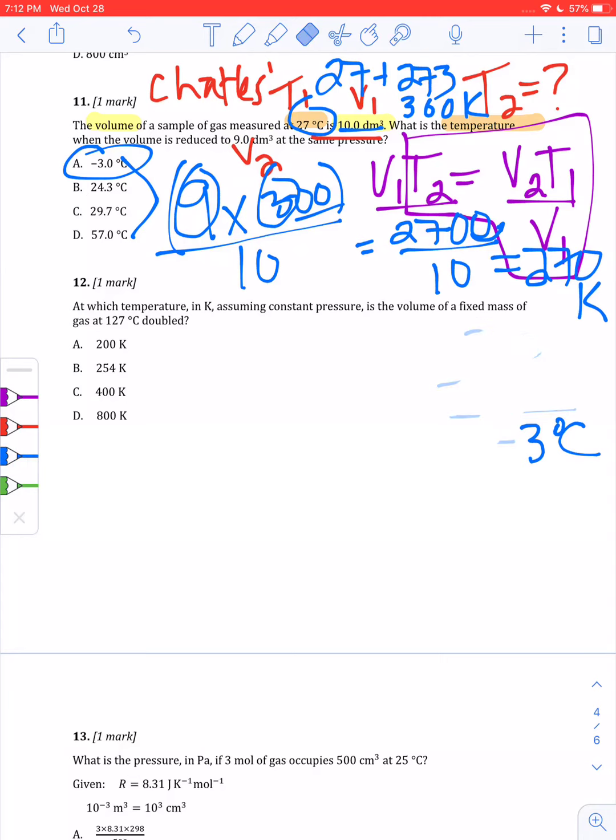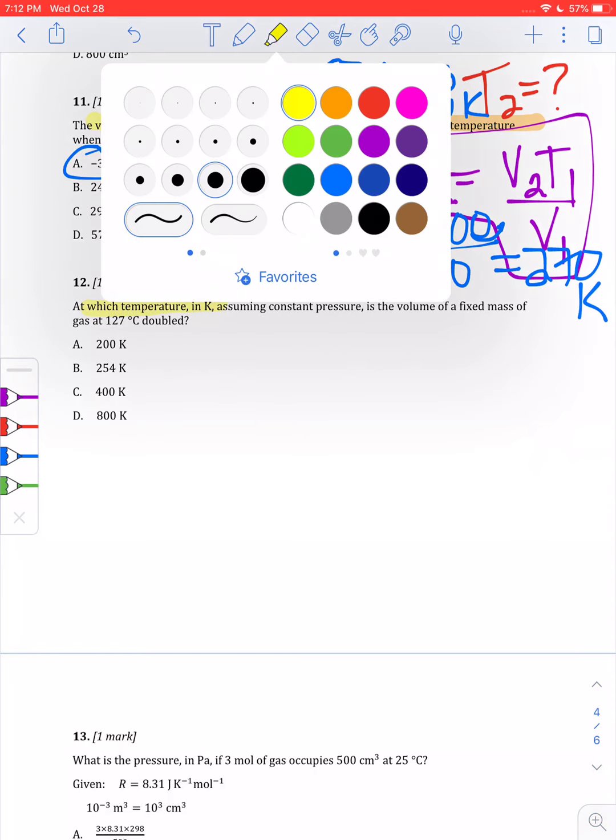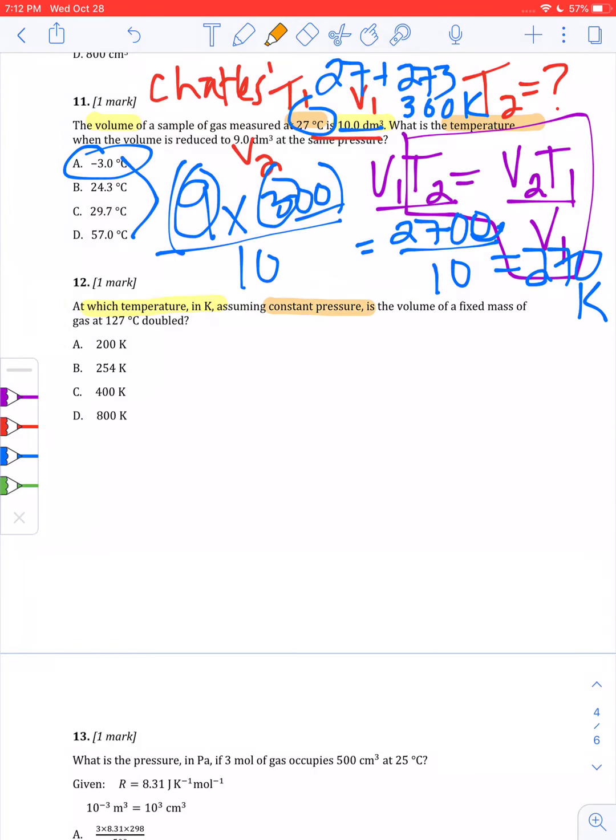Okay. All right, so this next one down here, let me read this one. This one says, at which temperature, so we're solving for a temperature in Kelvin. Notice that it does say we're assuming constant pressure, so that means that pressure is not going to be in our problem, okay?